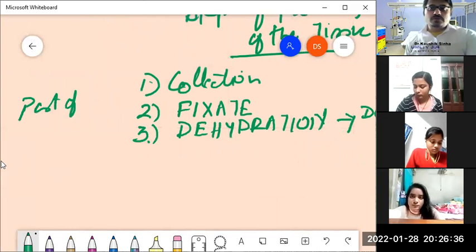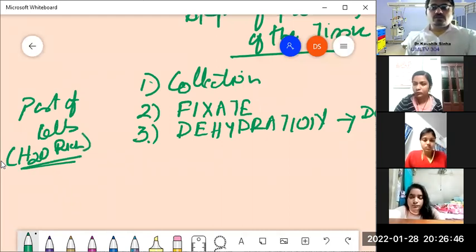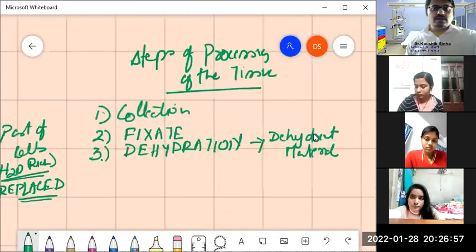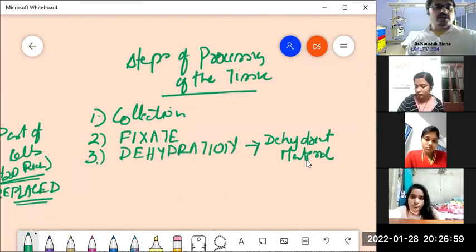Parts of cells, which parts? Water rich parts. So these water rich parts would now be replaced. Replaced by what? Replaced by the dehydrant material, which is foreign.